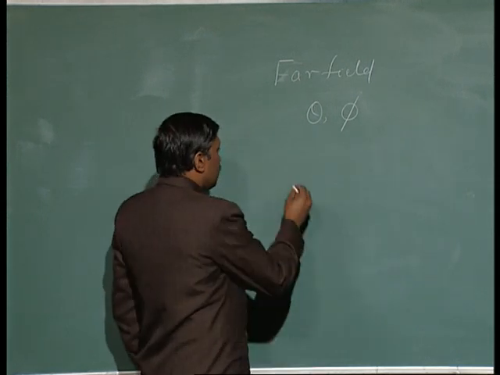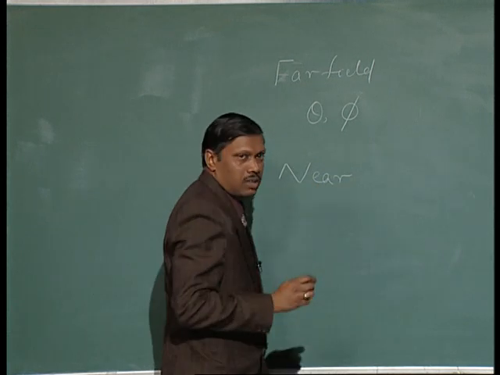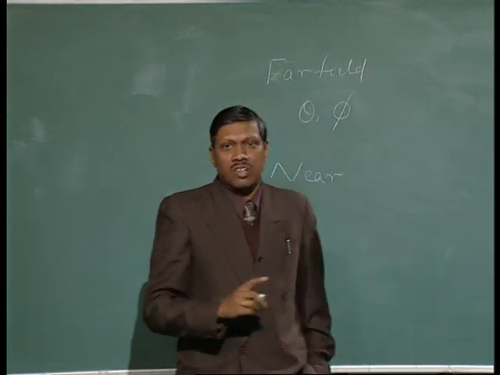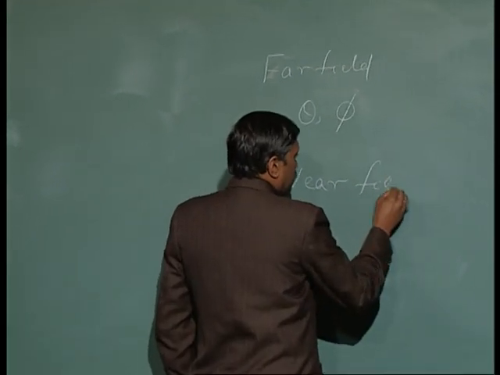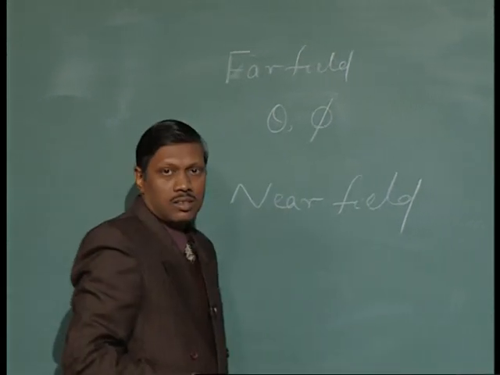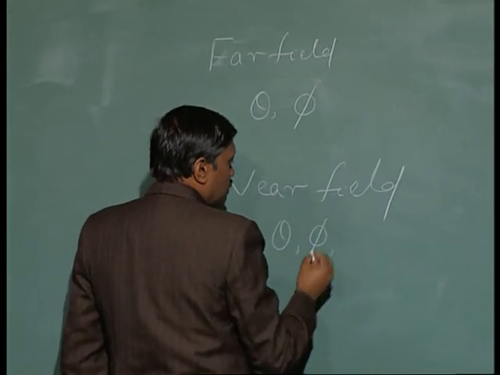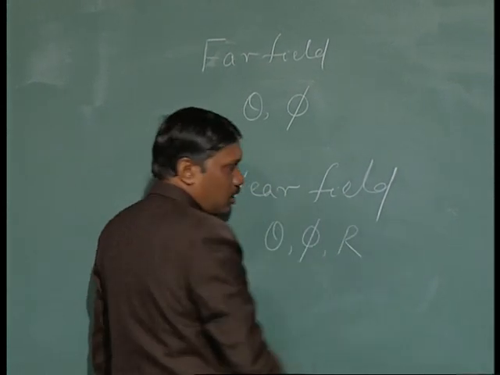But if we are interested in seeing the distribution of this field in the near field region, the surrounding which is nearer to the antenna, then this distribution is a function of theta and phi. In addition to this, it is also a function of the radial distance, which is r.